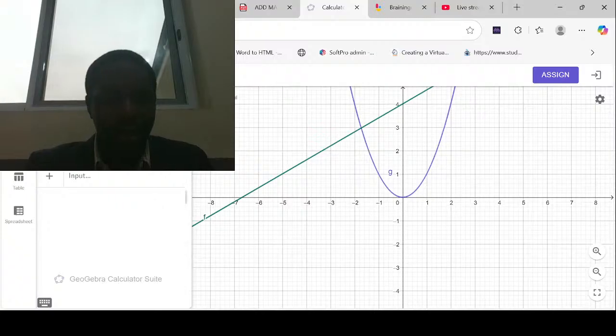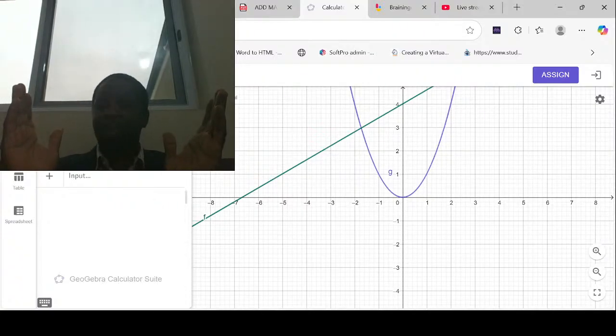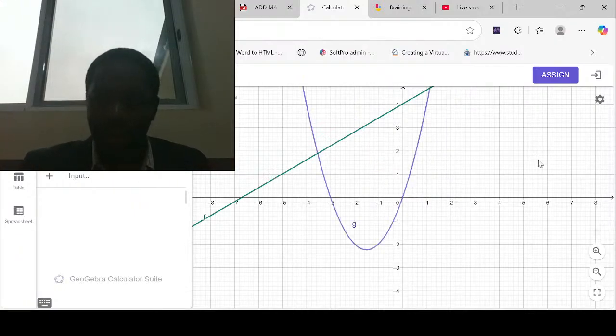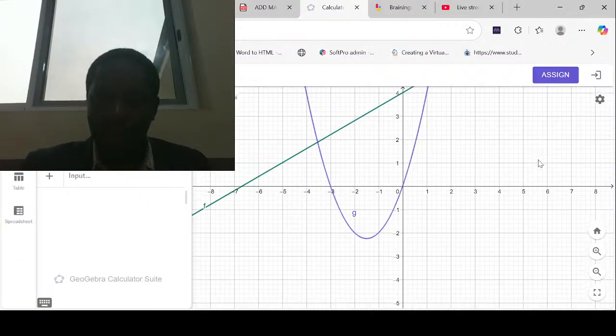You actually see that a graph is showing you, isn't it? And if you look at the graph, you discover that it has an intercept, isn't it?